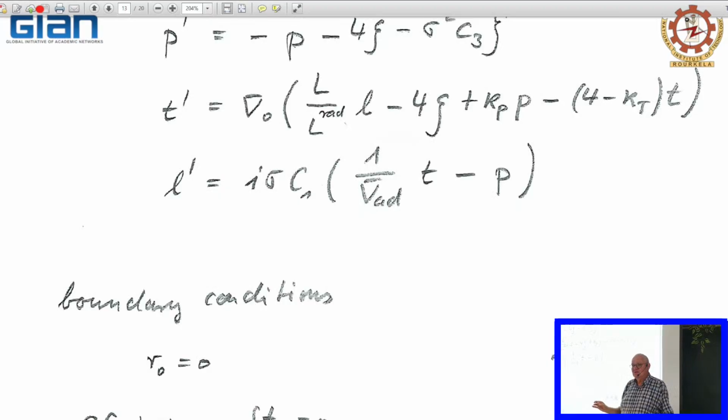As boundary conditions, because C1 diverges like 1 over R squared, we had that this bracketed term had to be zero as well. So just for regularity this term has to vanish, but also if the coefficient becomes very large, then this bracketed term has to be close to zero.